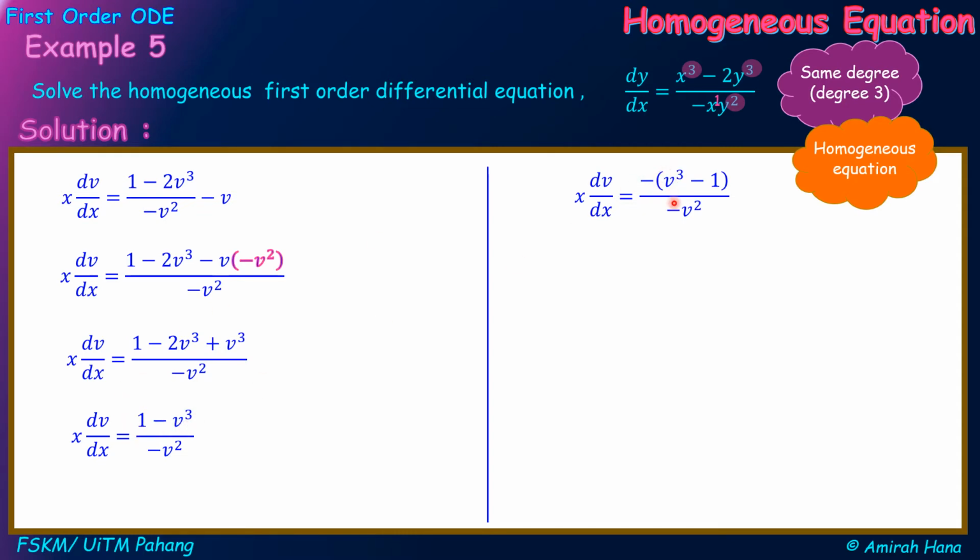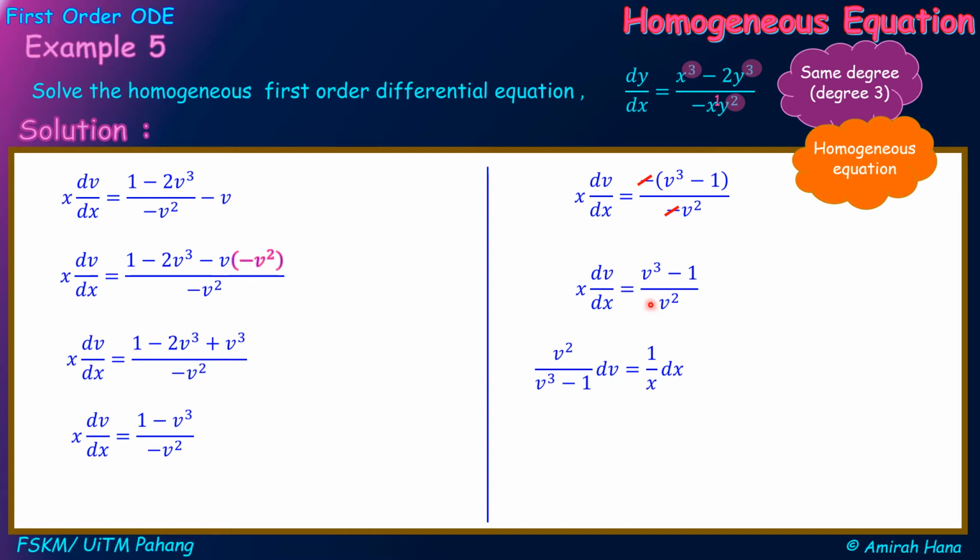Negative times v cubed equals negative v cubed. Negative times negative 1 equals positive 1. Why do we factorize the negative sign here? Because we want to simplify the negative in the numerator and the negative in the denominator. So, after we simplify the negative sign, we get x dv over dx equals v cubed minus 1 over v squared.